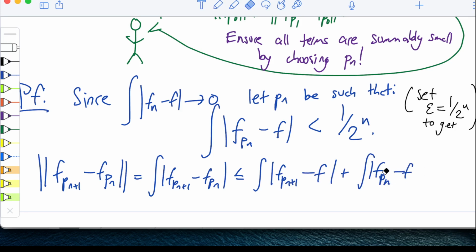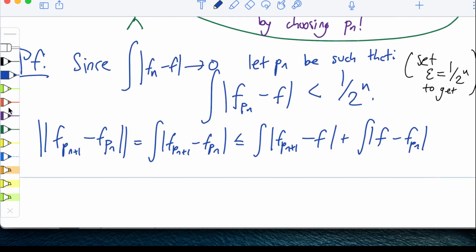Let me write it the other way to make the triangle inequality more transparent. Essentially, if the Fpn's are close to f, then Fpn plus 1 has to be close to Fpn because they're both close to f, right? So by the triangle inequality, how far away could it be? Well, if they're both close, then the worst case isn't too bad.